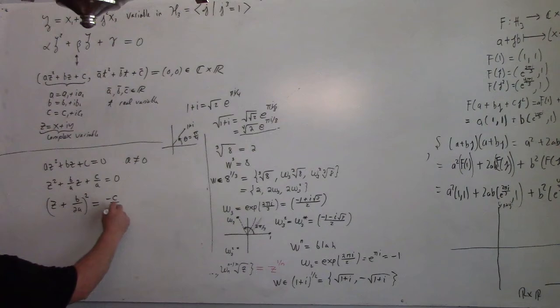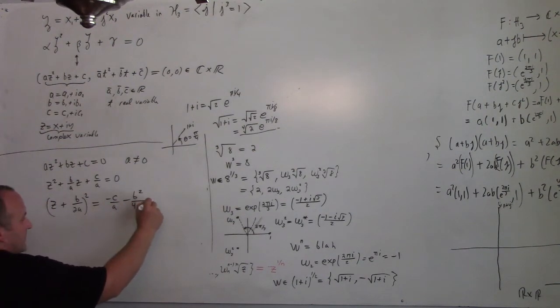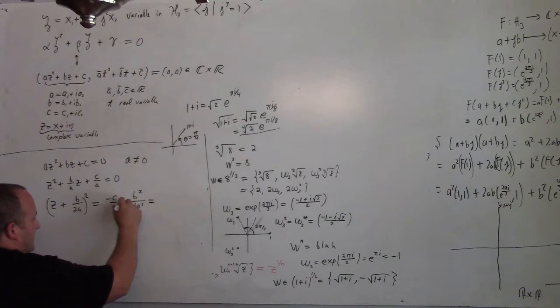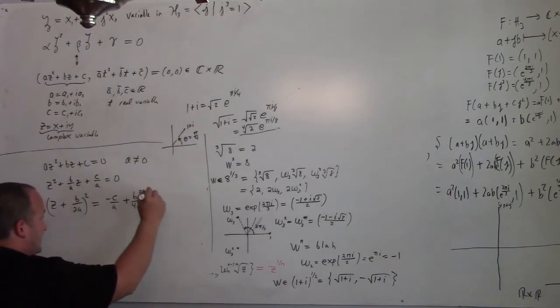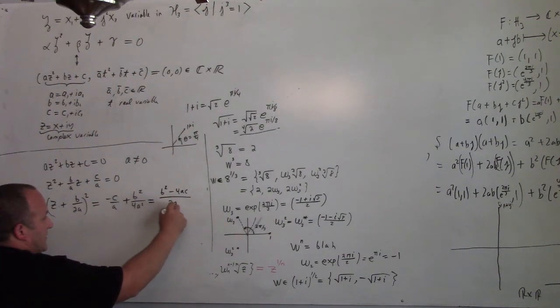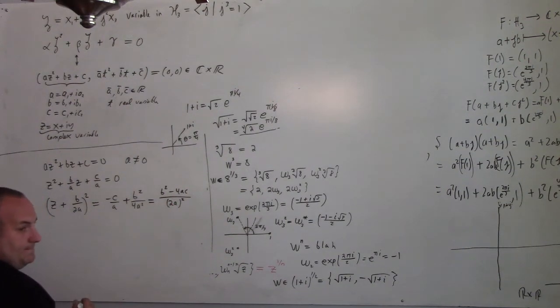Minus c over a minus b squared over 4a squared, I have to add it actually. So also as b squared minus 4ac, all divided by 2a quantity squared, right?